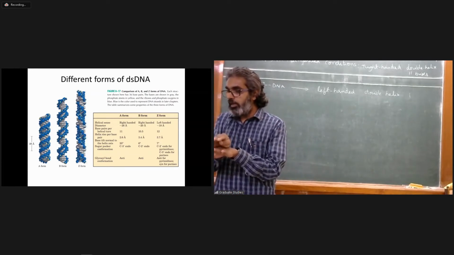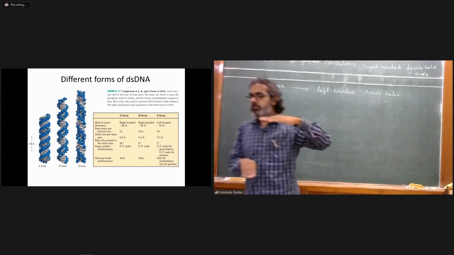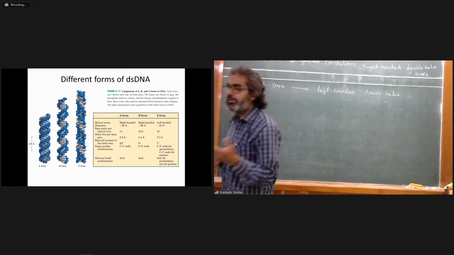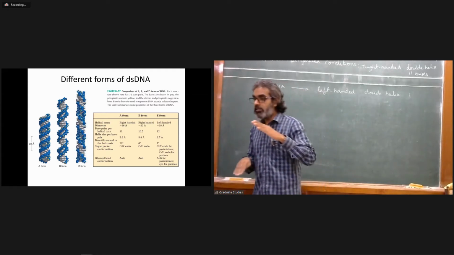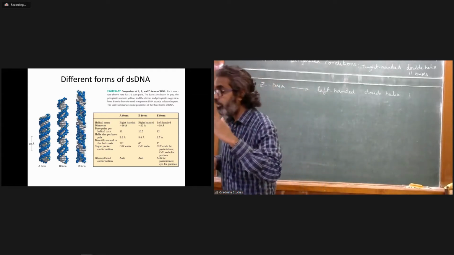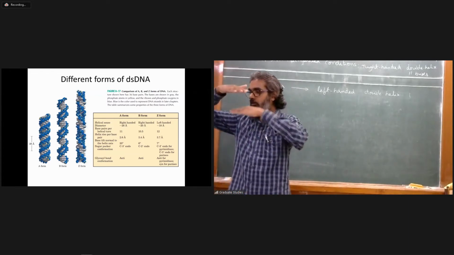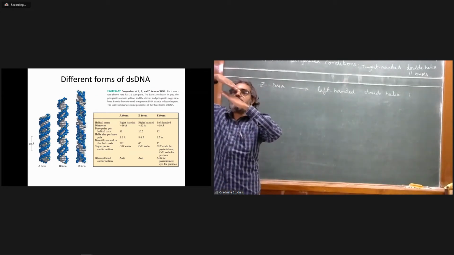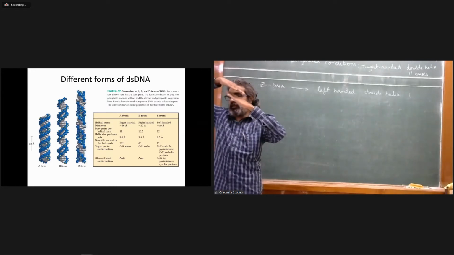In B form, the plane of the base is almost perpendicular to the axis, with very little tilt. The table shows 6 degrees. But in A form, there is more tilt, 20 degrees. I don't know if you can see my hand. The planes are not like this, and the tilt means that the area of overlap is less.